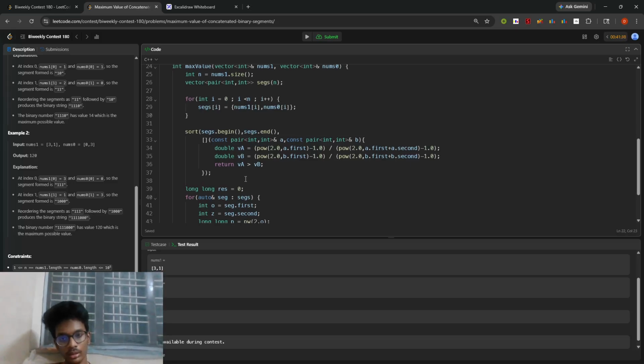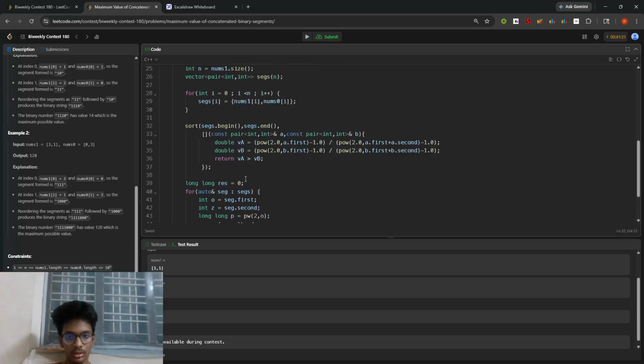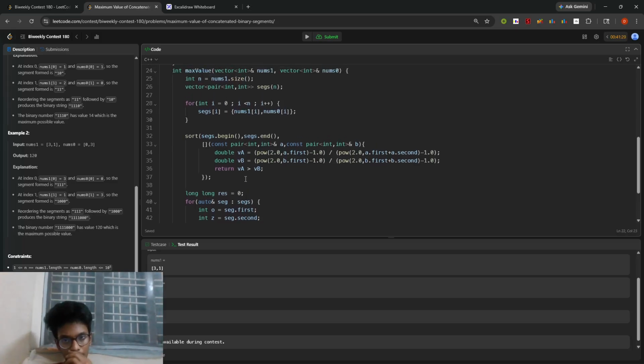Coming to this, int n equal to nums1 dot size, and a vector parent int, nums1 of I, nums0 of I, segment of I, yes. Then we are sorting the segments. How are we sorting the segments?